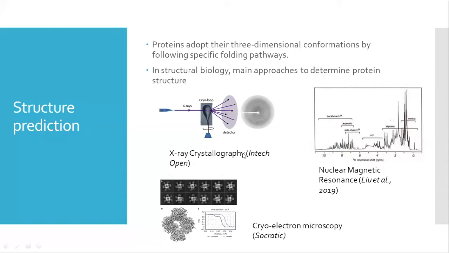So we always prefer X-ray crystallography structures deposited in PDB for drug discovery. However, the main problem we face with X-ray crystallography is that most proteins do not get crystallized. Mostly the transmembrane proteins, the membrane proteins, are very difficult to crystallize. That is why there is a gap in drug discovery.